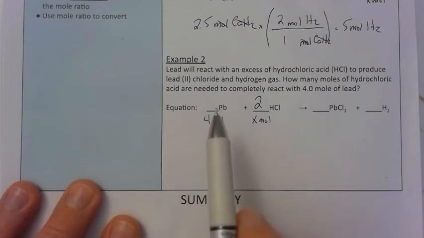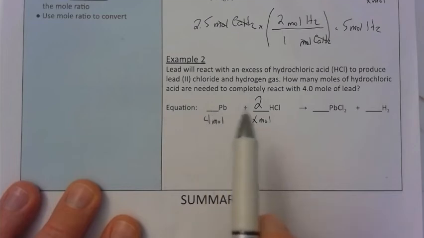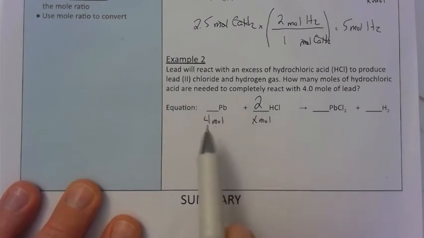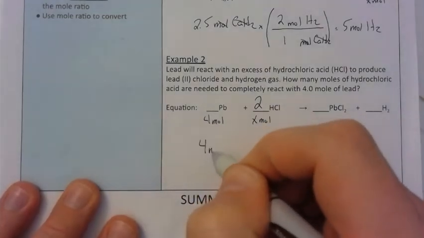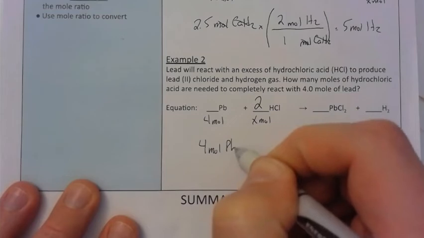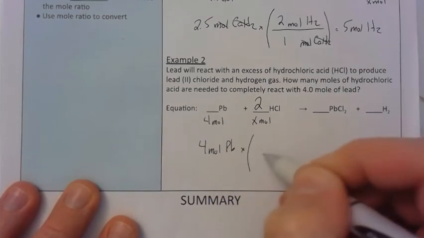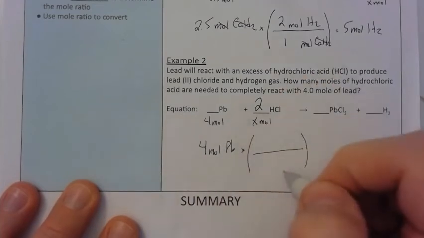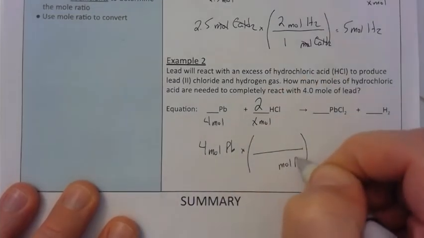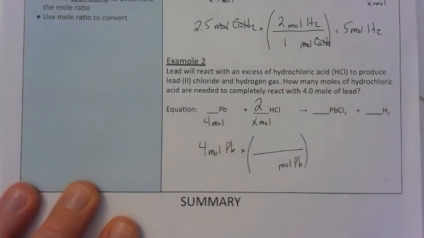Okay, so again, we've got this balanced equation. It says it's a 1 to 2 ratio. So if I have 4 moles of lead, I'm going to need 8 moles of HCl. But again, using our dimensional analysis allows us to see that ratio and how the math plays out. Okay, so if we have moles Pb as our starting point, that's going to go in the denominator.